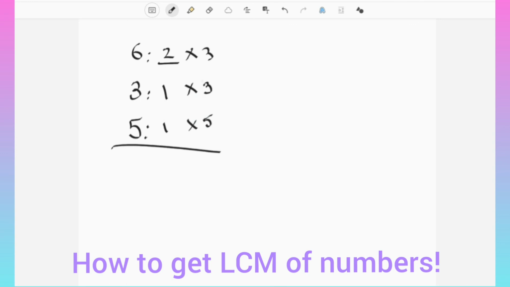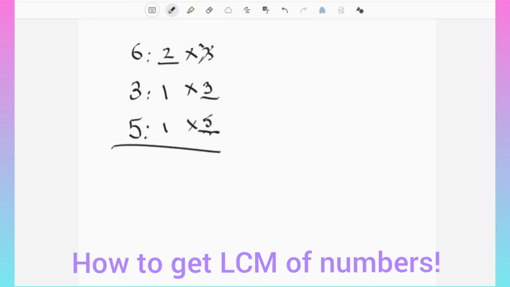Which one has the most 3s? I'm going to choose this one because the other was already highlighted. You can choose any of these, it's the same. Now the next prime factor, which is 5. Is there any 5? Yes, so highlight that.